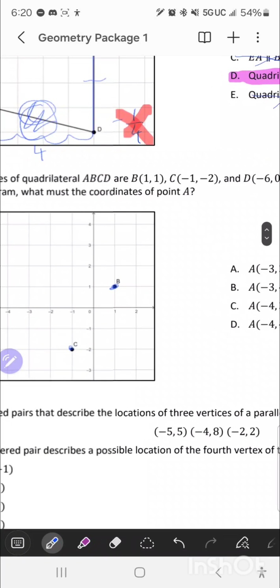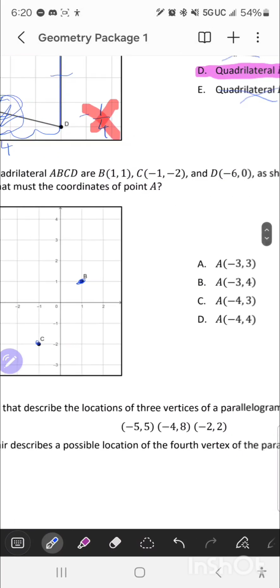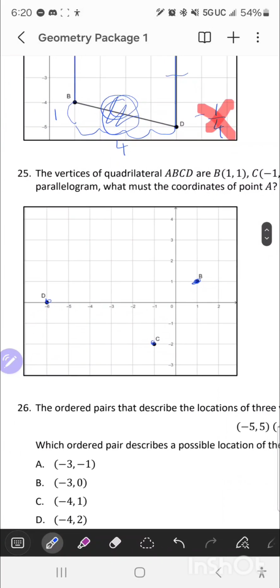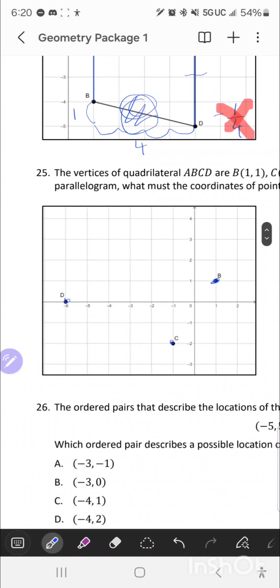For ABCD to be a parallelogram, what must be the coordinates of point A? What I have always done with this exercise is draw the little clouds, as my teacher likes to call them. So I see here that 1 and 2.